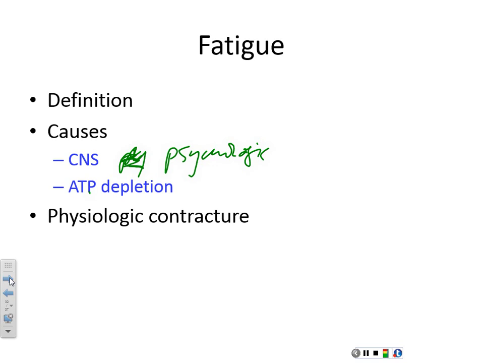Physiologic contracture happens pretty much when there's no ATP. Because you're no longer sweeping the calcium back into the sarcoplasmic reticulum, the binding sites, the active sites, remain open, and therefore the muscle will contract. Because the calcium remains there, it stays in a state of contraction.